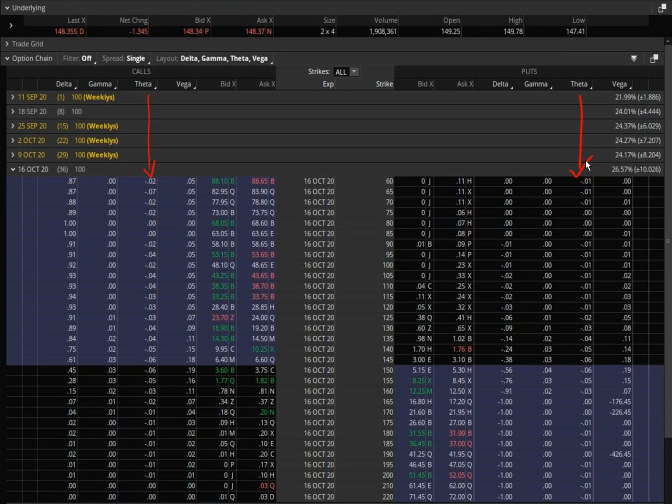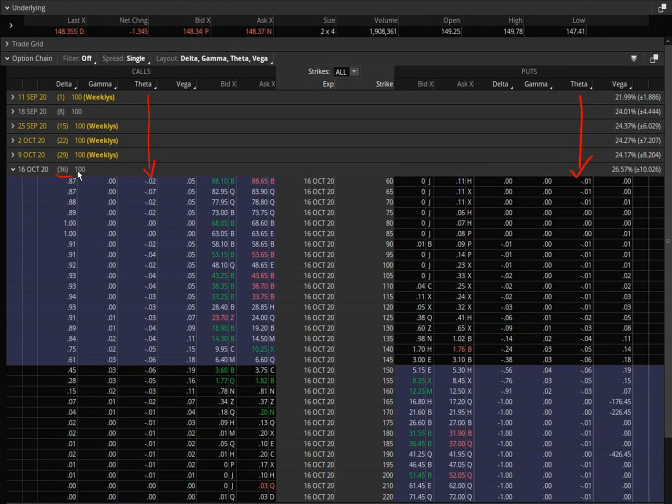Now, theta isn't as aggressive way out in time as he is inside of 36 days to expiration. As soon as you get inside of like 30, I like to say getting involved inside of 45 days, it starts really ramping up. Inside of 35 days to expiration, he's coming into your pockets with both hands, it feels like sometimes.